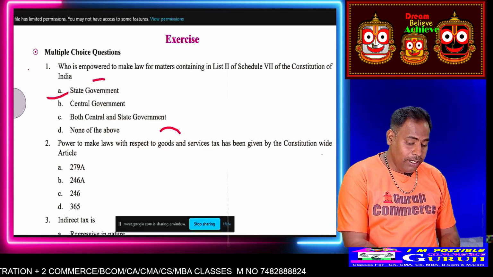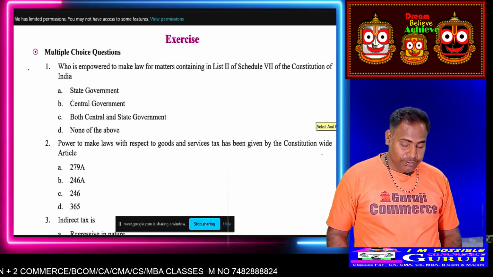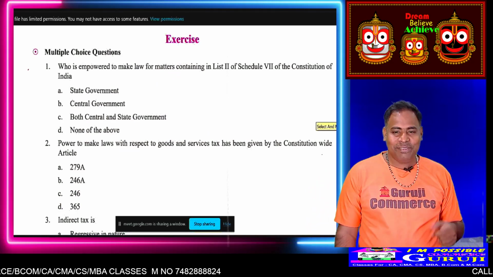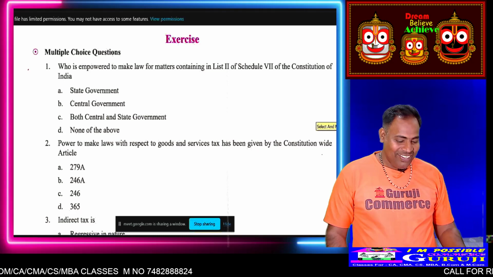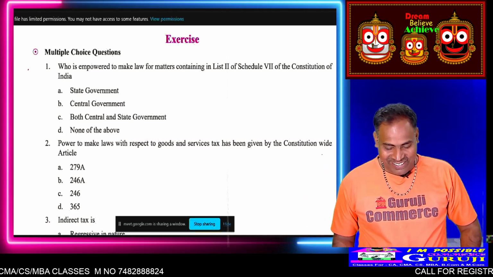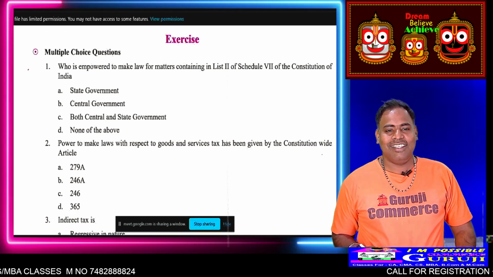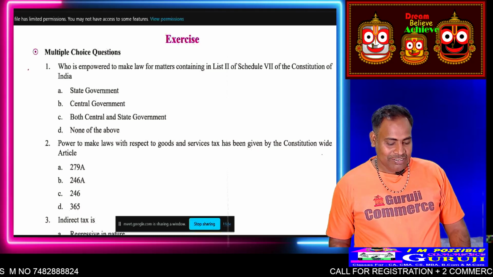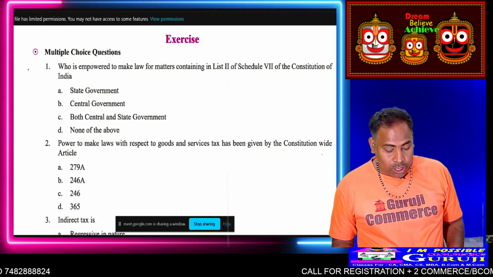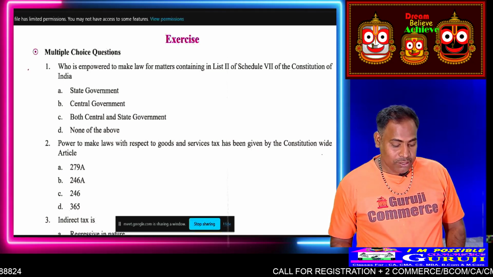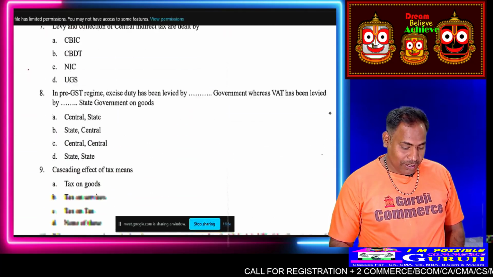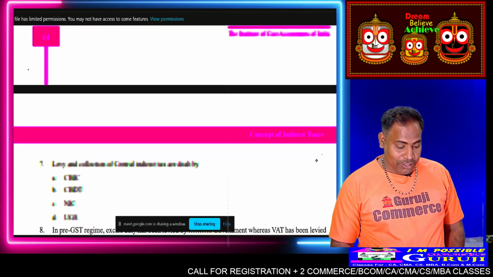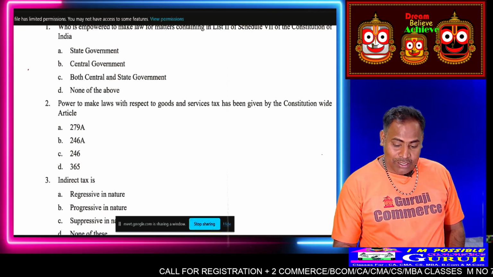Anyone having a different answer? Let me know the answer. 246(A). Very good. B, 246(A), correct.